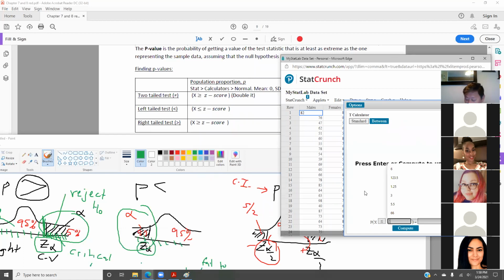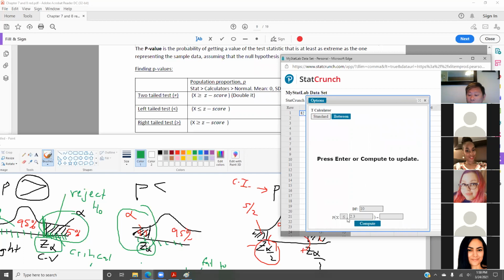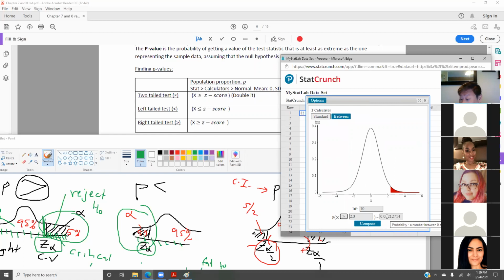Let's say 2.3, and this is the p-value, the probability. See that when you click on it, that's the probability. So when you find a critical value, in order for you to find a critical value, you put this over 2.